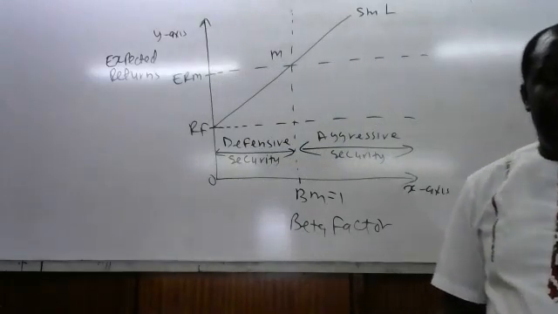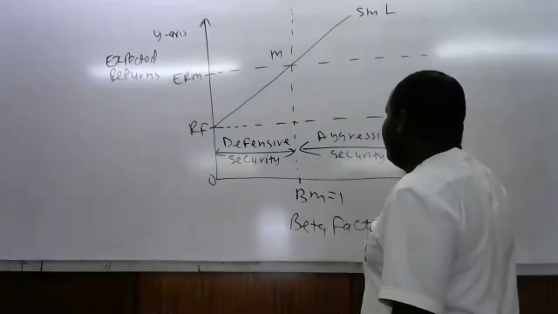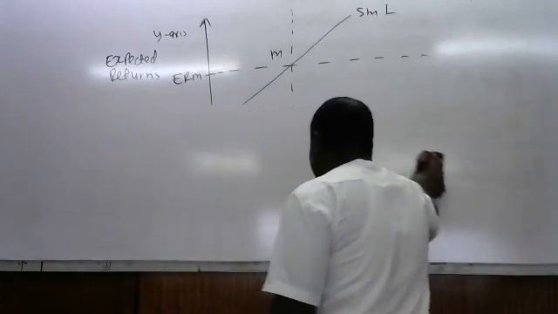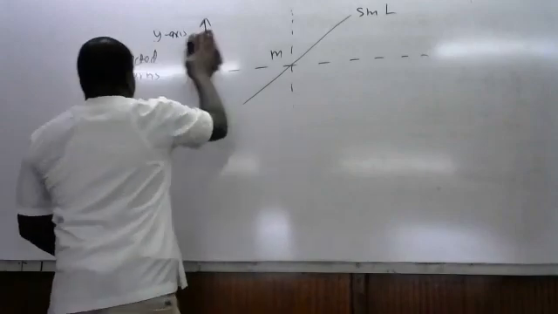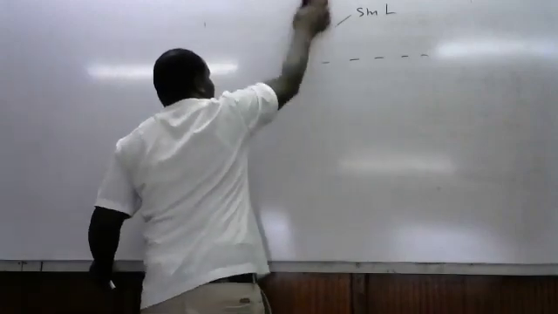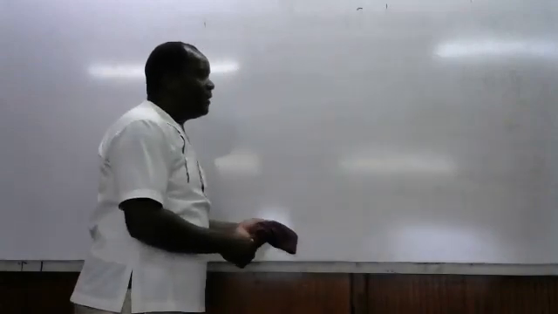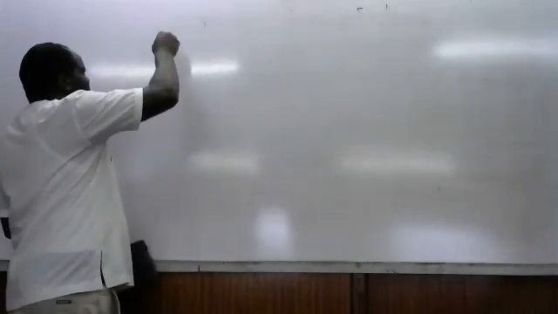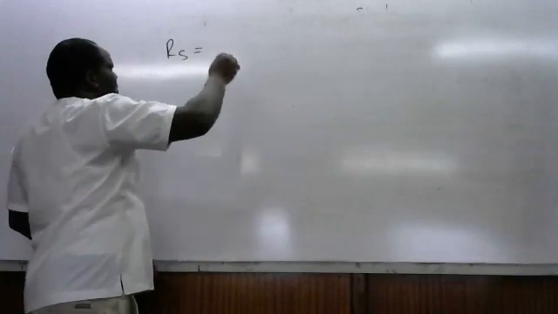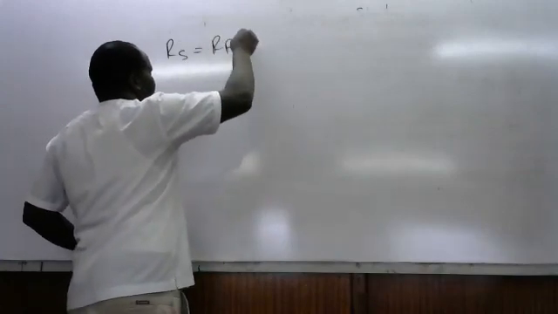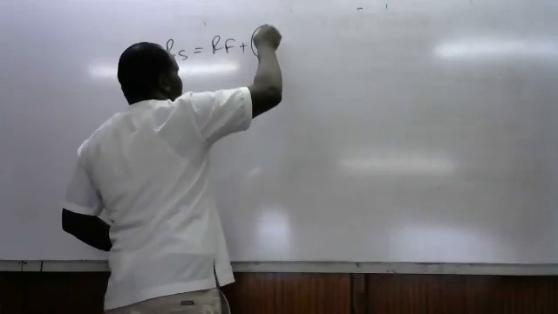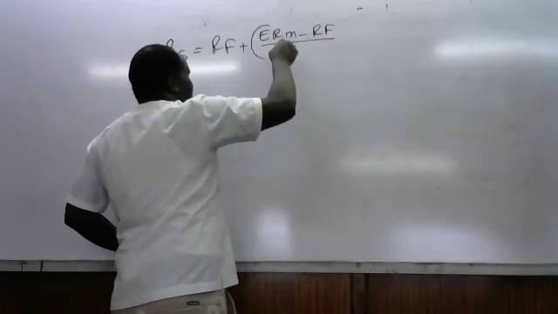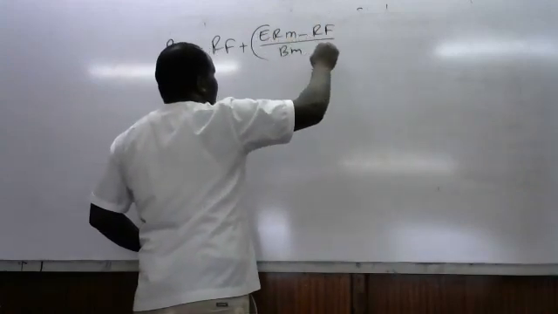So the equation for the security market line, the return of the security will be given by the risk-free rate, plus, in brackets, expected return of the market minus the risk-free rate, divided by the beta factor of the market.